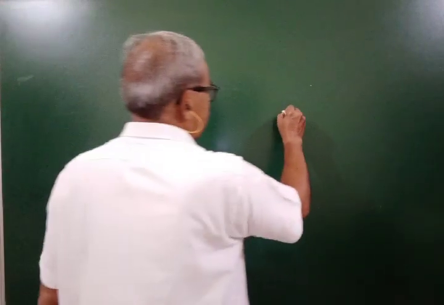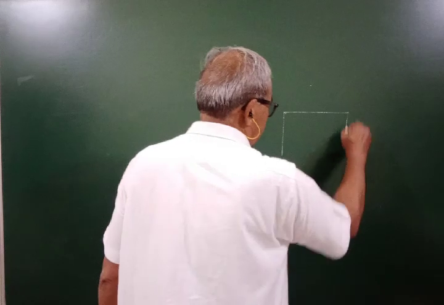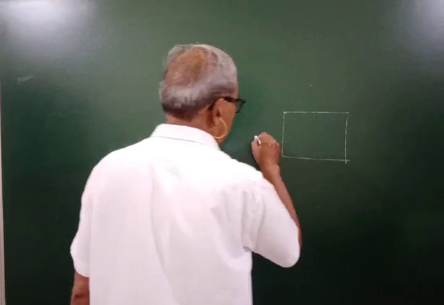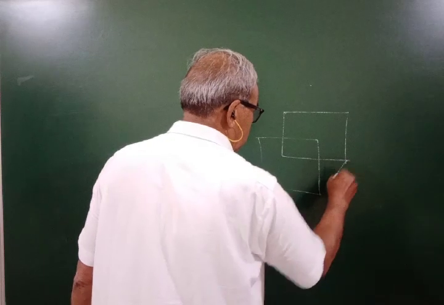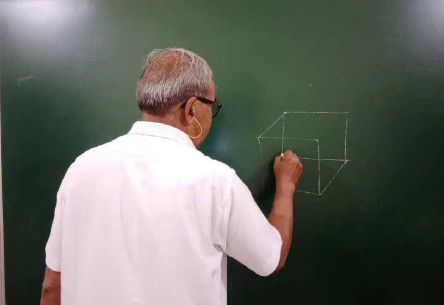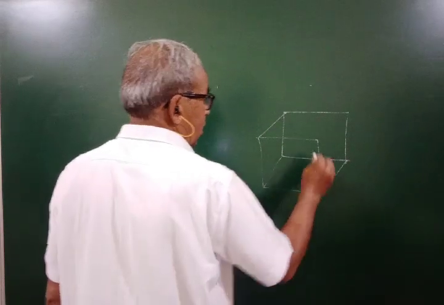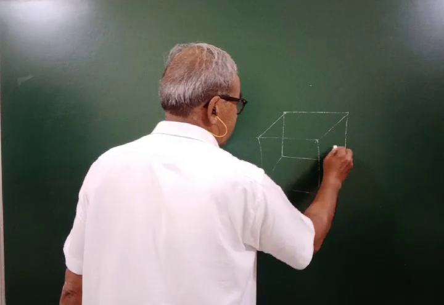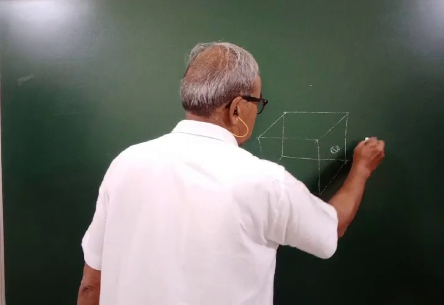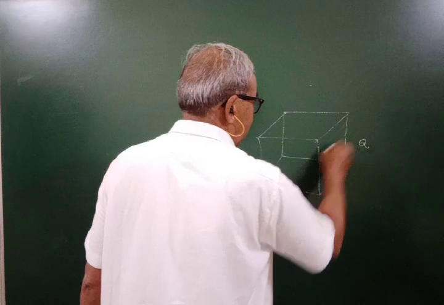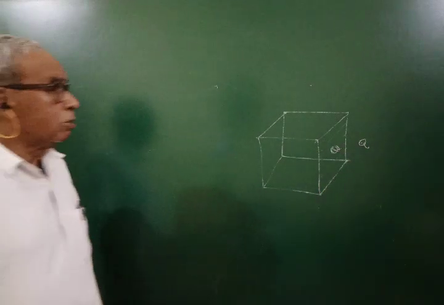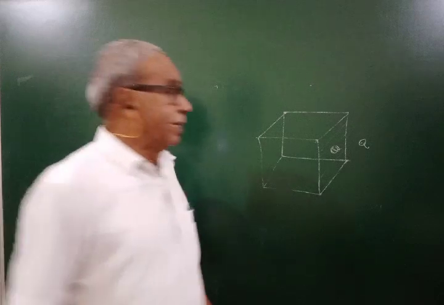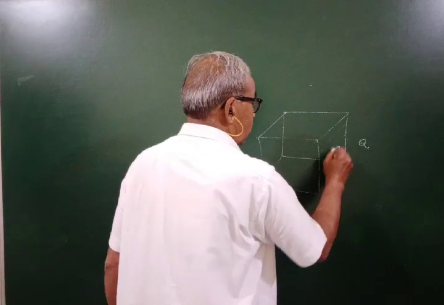My question is here, that yesterday I told you a question. It is a cube here, and an electric charge is placed on one surface. This charge Q is on the surface itself. So what is the electric flux through the cube? Please listen to me carefully.